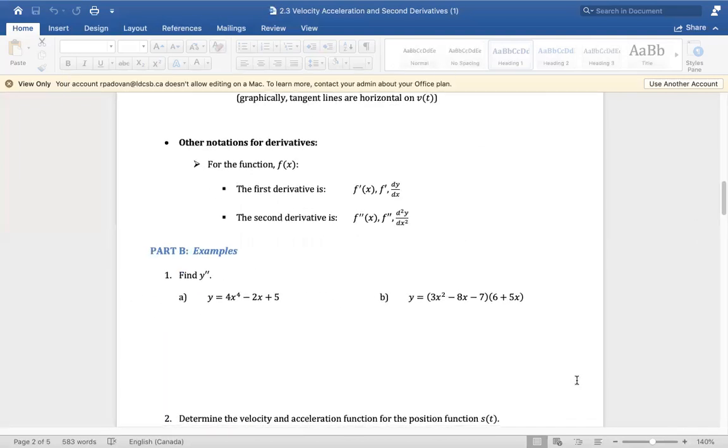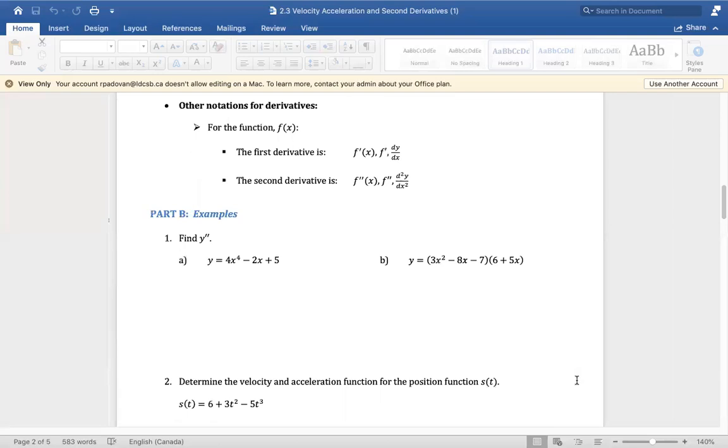So other notations we could have here for the second derivative, because this is the first time that we're seeing it. So we have our original function f of x. The first derivative is obviously f prime of x, or f prime, or dy dx, we say. We've also written it as y prime.